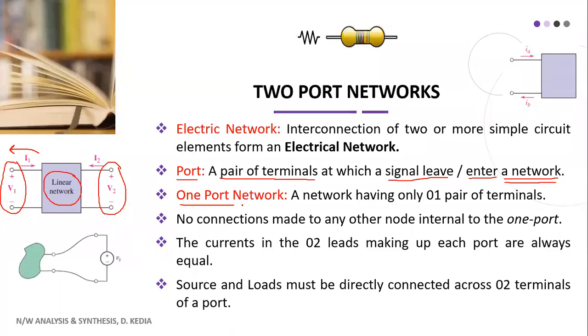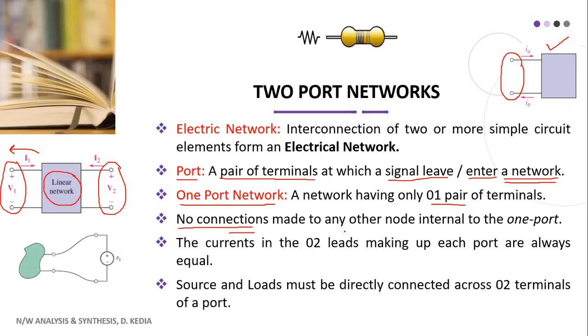So what do we understand by one port network? A one port network is a network having only one pair of terminals, as I have shown in the figure towards the right hand side on the top. This is how we represent a one port network, where we have a single pair of terminals. When we say one pair of terminals or one port network, that means we can make no connections apart from those pair of terminals.